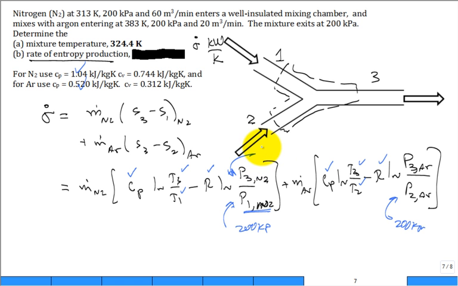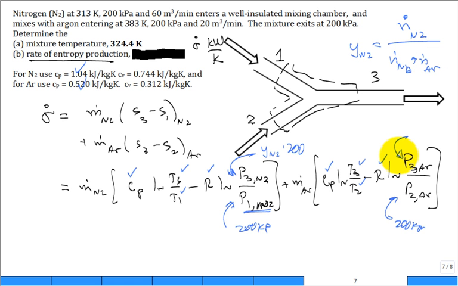You've got to get the Y of the nitrogen out times 200. How do I get Y of the nitrogen going out? You can do it by the molar flow rate of the nitrogen divided by the molar flow rate of the nitrogen plus the molar flow rate of the argon. Right? And then you'll do the same thing here for the molar flow rate.